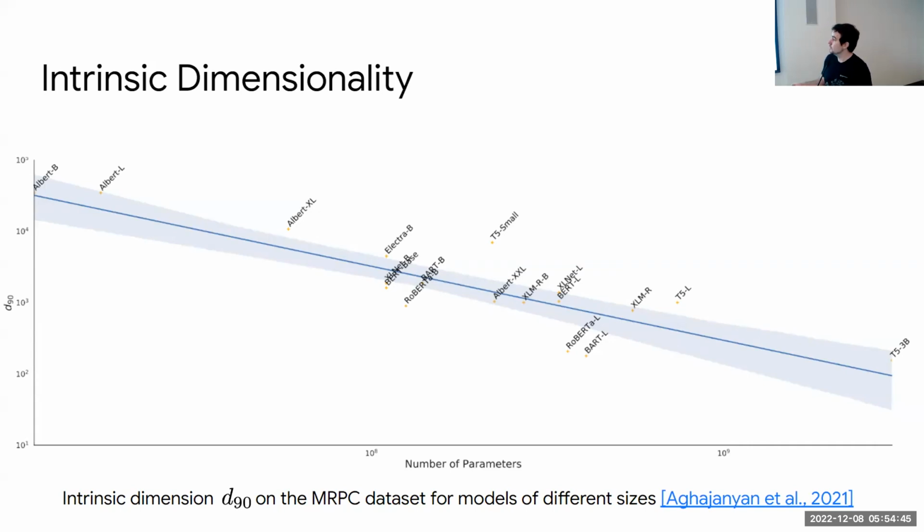We can see that this intrinsic dimensionality is very much correlated with the size of these models. So as we scale up the size of these models, we only need a very small number, between 100 and 1,000 dimensions, that we actually need to update in practice.